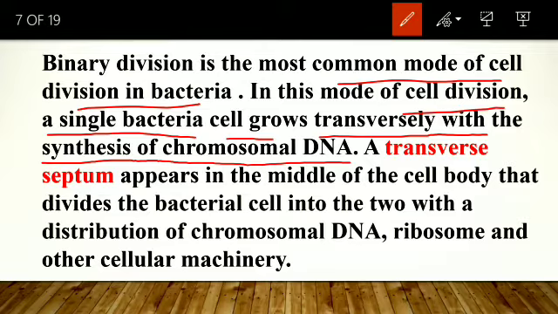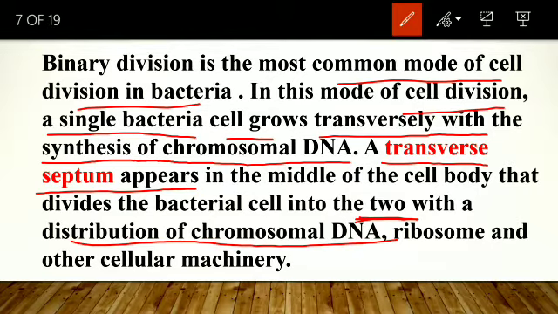And then what happened once it increases its chromosomal DNA? A transverse septum appears in the middle of the cell body that divides the bacterial cell into two, with a distribution of chromosomal DNA, ribosome and other cellular machinery.